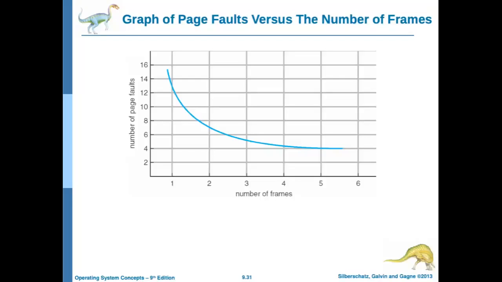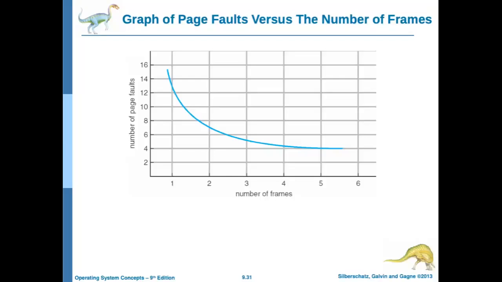If just 2 frames are allocated to your process, now the graph actually starts with 1. So if only 1 frame is there, whenever you change the page, it results in a page fault. Okay. Fine.